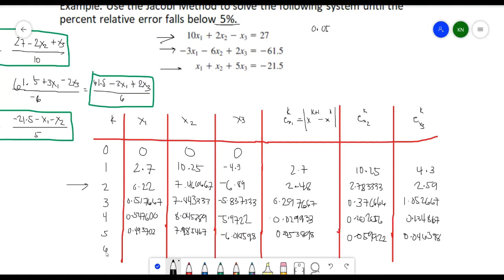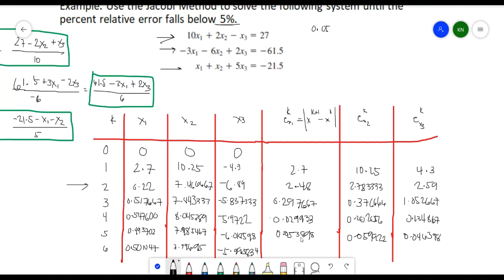So we now have the sixth iteration. We have 0.501047, 7.99695, and the other one is negative 5.995834.